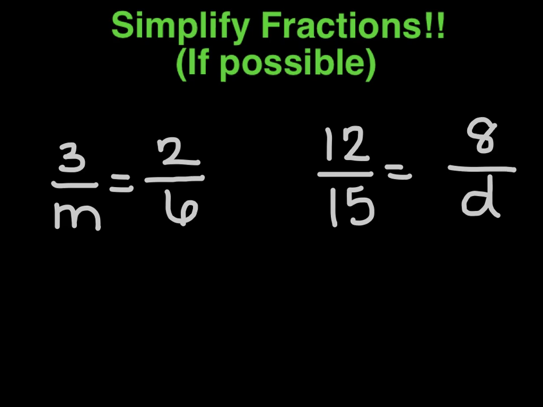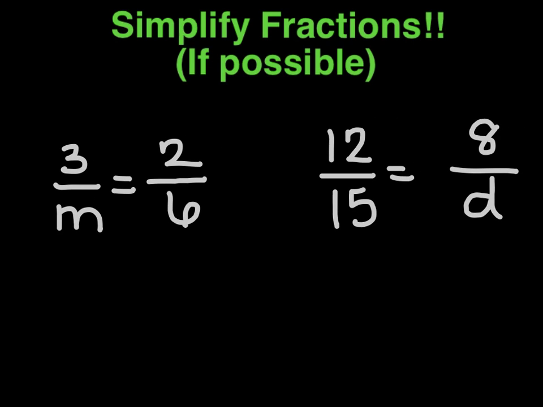If you look at these two proportions, you might notice that you cannot find easy relationships to start with. For example, there is no easy relationship here between 2 and 3. However, if you look at this fraction, 2 over 6, you might say, I could simplify that because it's just a fraction.